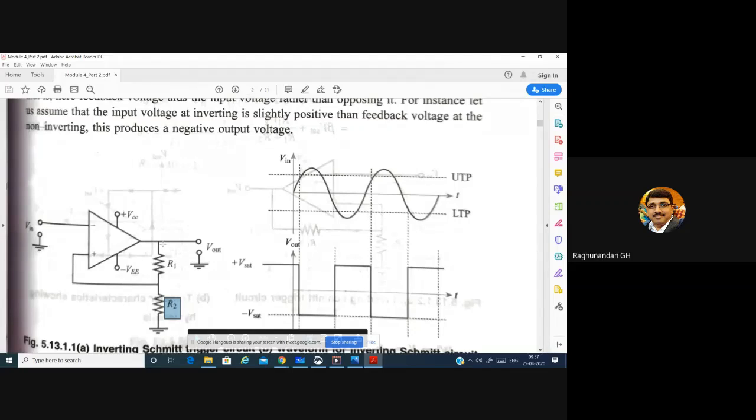So in this case, can you tell me what the possible values of the output are?